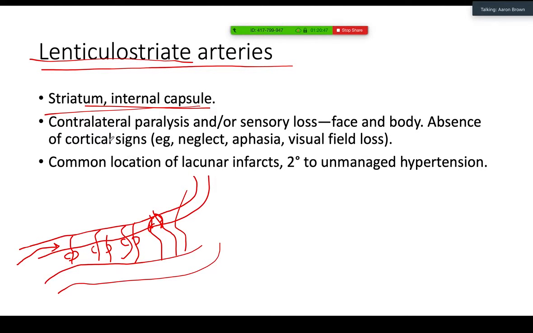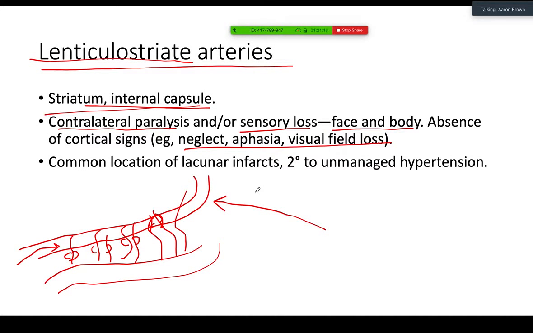And so what we would look for is contralateral paralysis and sensory loss of the face and body. However, we're not going to see any of the cortical signs, so neglect, aphasia, visual field loss. The only information in the internal capsule is sensory information and motor information. So here's our first chance to really build a dichotomy and build the difference between different types of strokes.